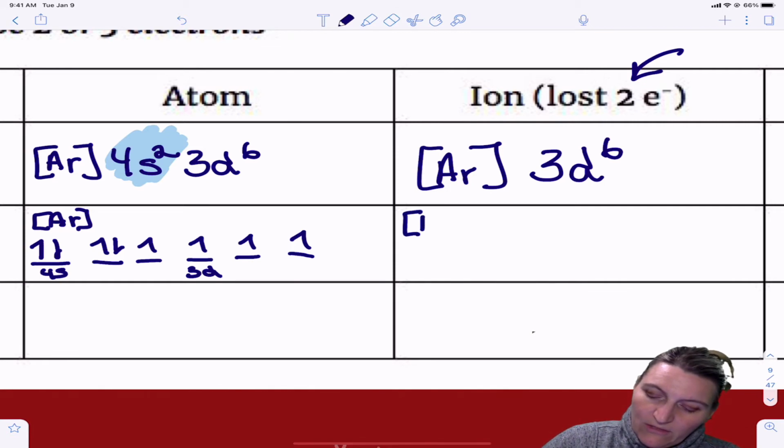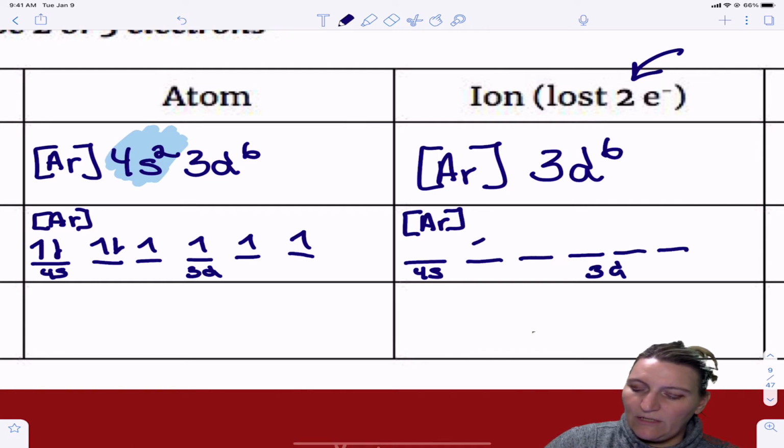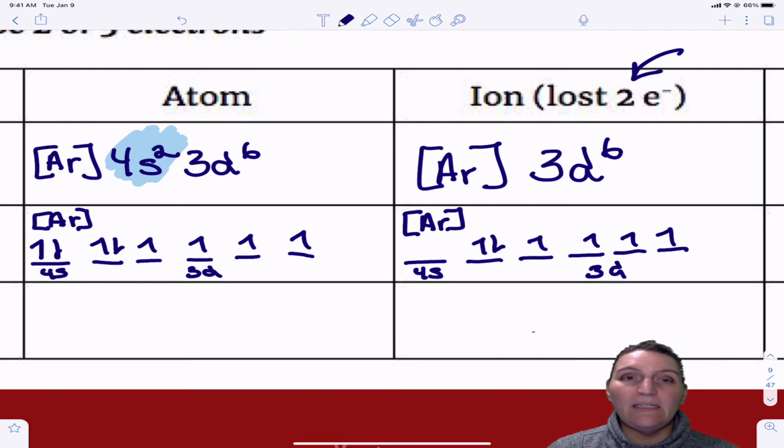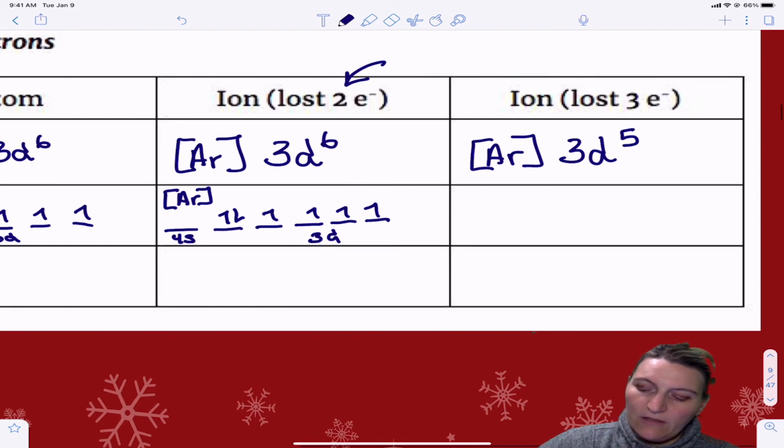So it would still have this argon core, but now no 4s. 4s is completely gone. If you want me, I can leave it blank. It would just be this 1, 2, 3, 4, 5, just be 3d6. And that is stable. With those 2 valence electrons, the outermost electrons gone, it is stable, even though the d orbital is not full.